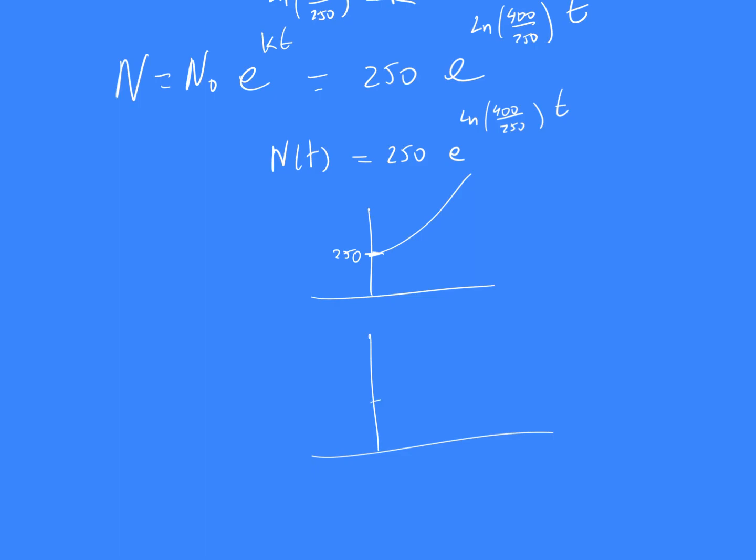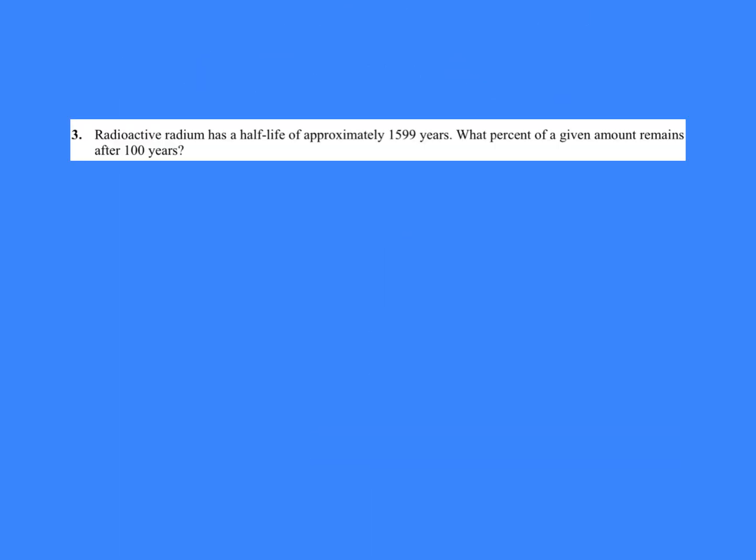It starts at 250, and the slope goes like this. At the point x equals 0, y equal 250 has a slope. Okay, this is the solution. Let's go to problem number 3.